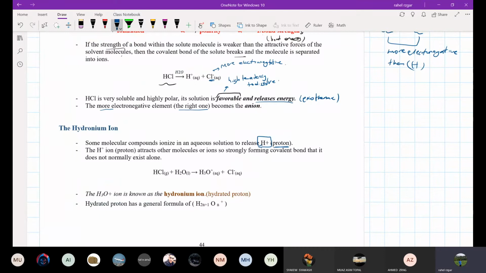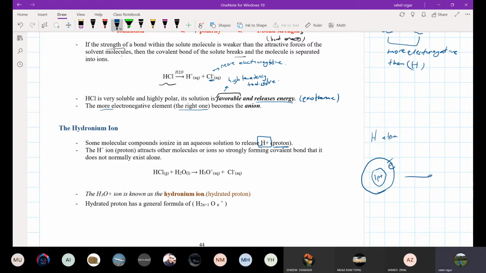H as an atom, not as an ion. So this is H as an atom. It has one proton and one electron. That's an atom.